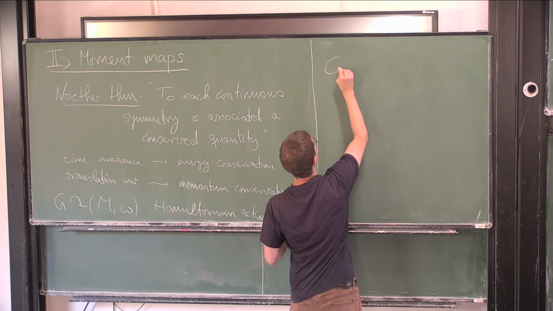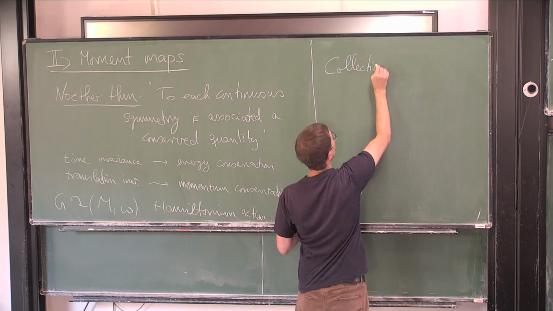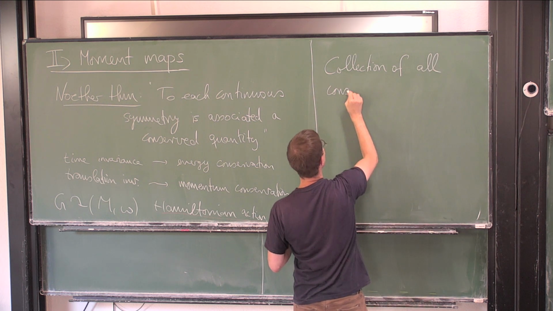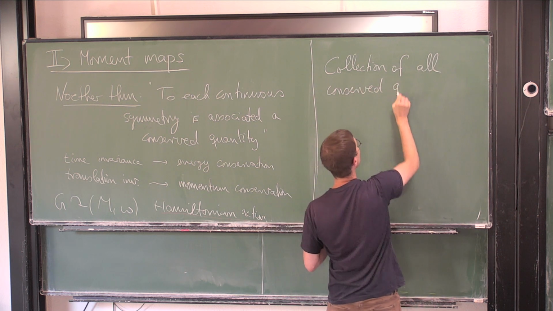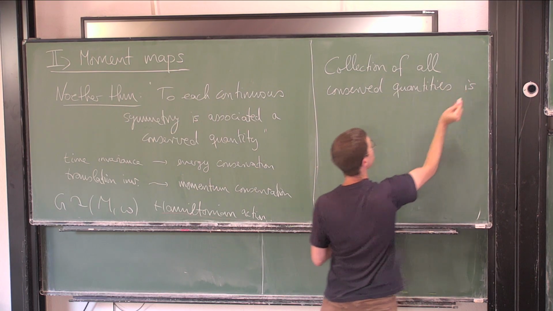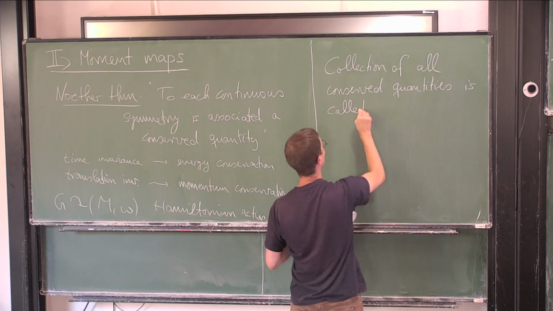The collection of all conserved quantities is called the moment map.